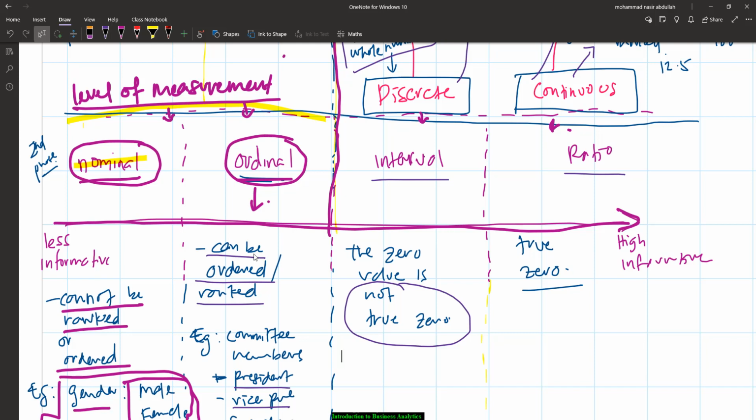Right? So 0 Celsius equals how many Kelvin? So it has a value in Kelvin too. So in this example, the zero value is not a true zero.